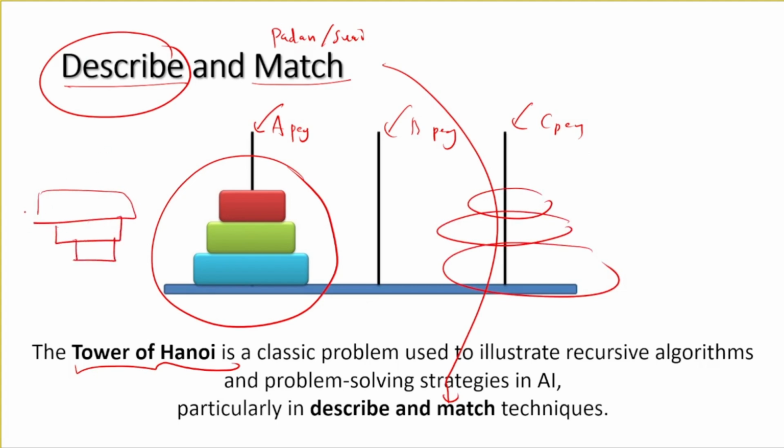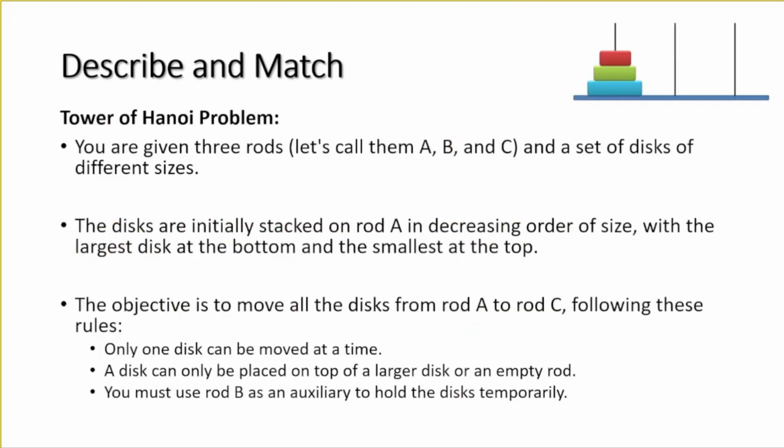So the larger cannot be on top of the smaller one. That will be the requirement in describe and match. But the thing is, the B pack could be used as an intermediate pit stop, or what we can call auxiliary. Later on we discuss that. Okay, this is the idea.